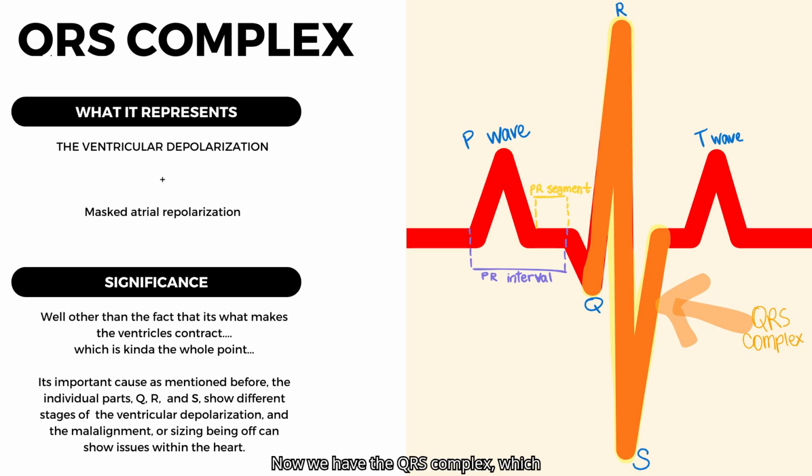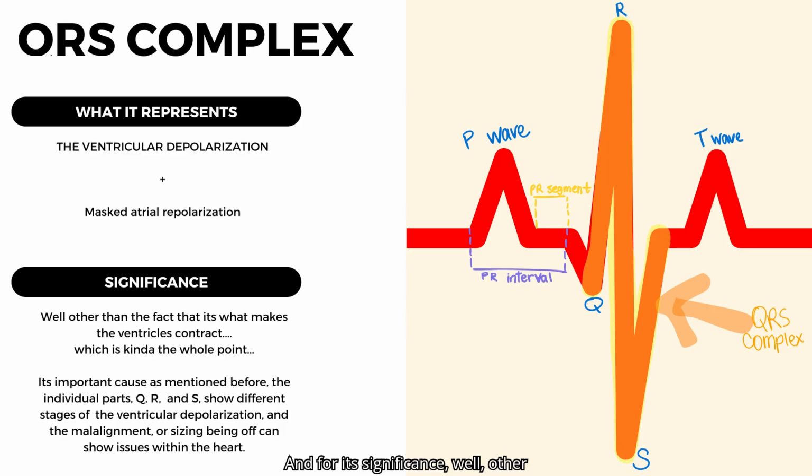Now we have the QRS complex, which is this whole thing between Q, R, and S. This section represents ventricular depolarization because, as we know from before, Q, R, and S are all different parts of ventricular depolarization. We also know that it represents the masked atrial repolarization.